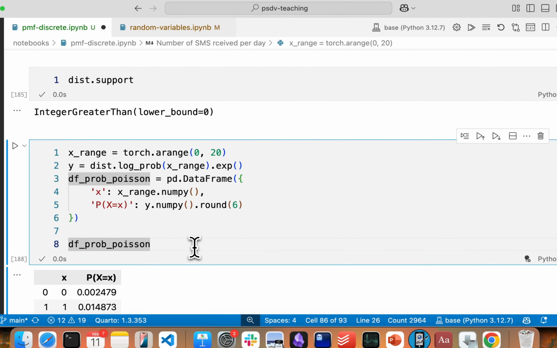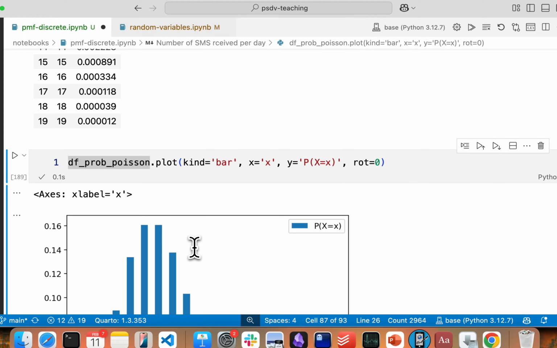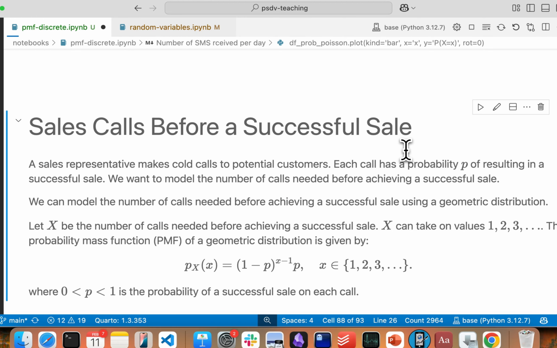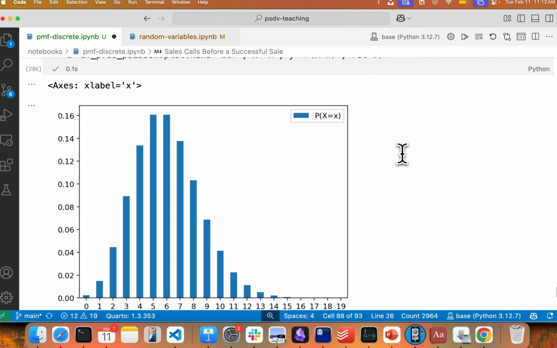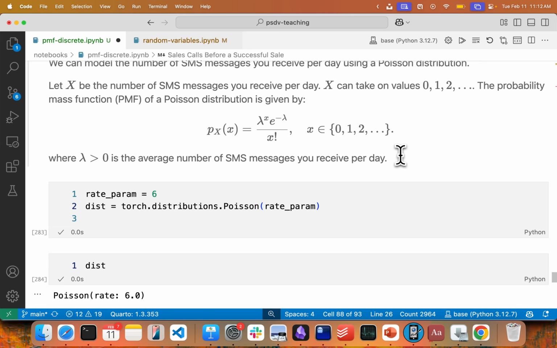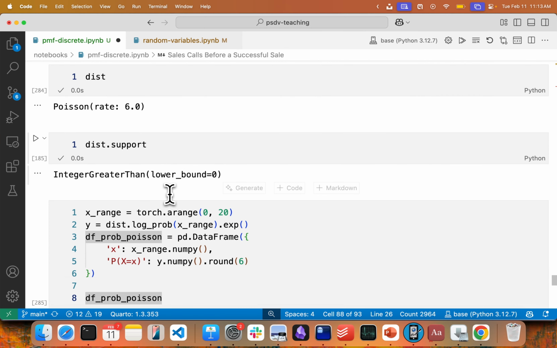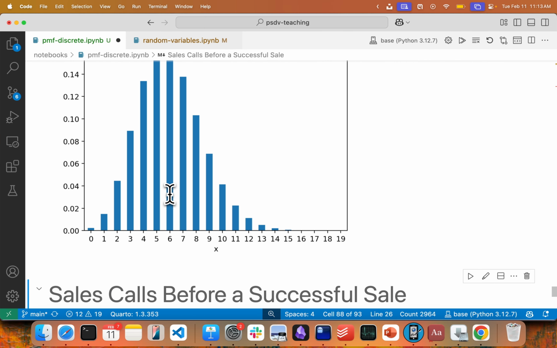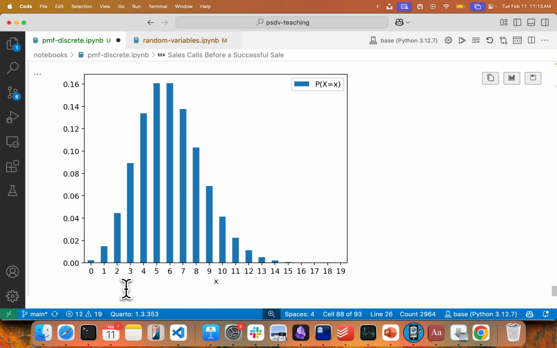We can then also plot the PMF. We said that the rate parameter is 6. So on average, we'd expect to get 6 SMS or WhatsApp messages in a day. Now we're looking at the probability distribution. What is the probability of getting 0 messages?